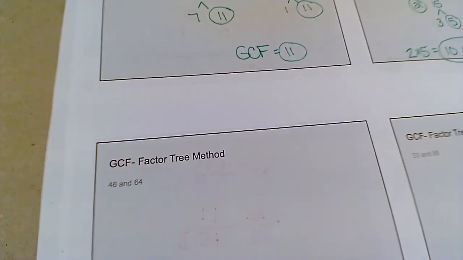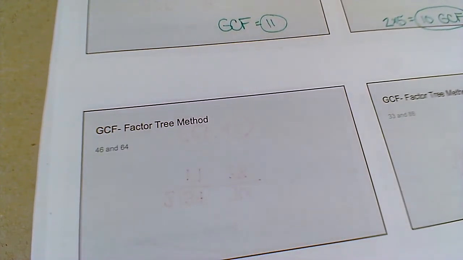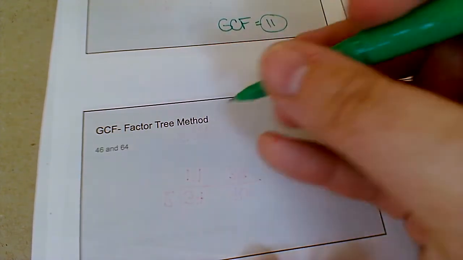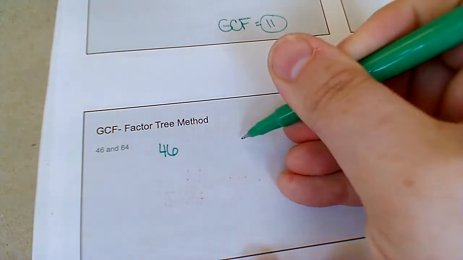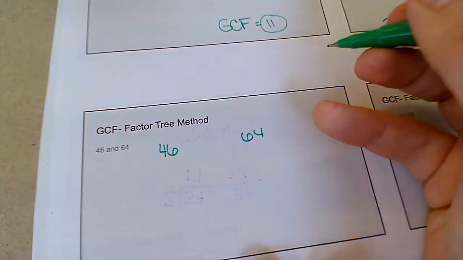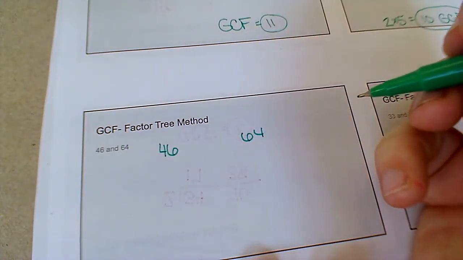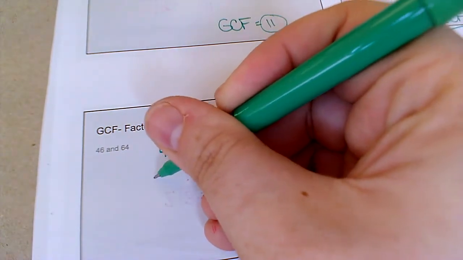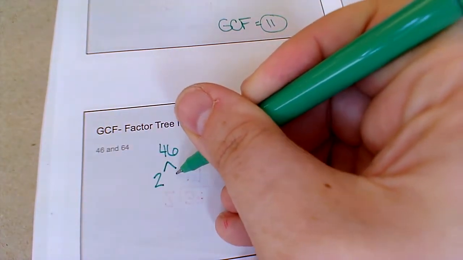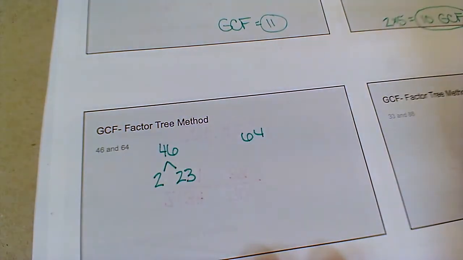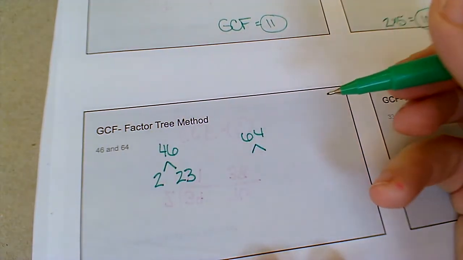So let's move on. Again, we're doing the factor tree to 46 and 64. 46, I can divide it by 2 and I get 23. But 23 is actually a prime number and you can't divide it anymore.